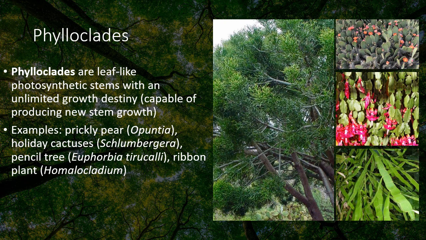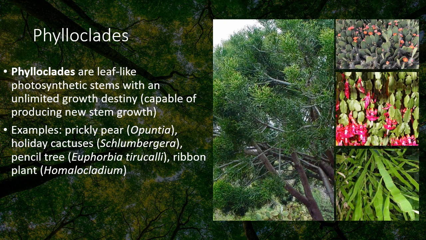Another good example that you might be familiar with are the Christmas cacti in this middle right-hand picture. We can see the sequential phylloclades of a Christmas cactus. Each phylloclade can produce numerous new phylloclades and continue to grow and branch. A lot of the euphorbias, such as this pencil tree on the left-hand side, they also have phylloclades. So what look like leaves at the end of these branches are actually just leaf-like stems.